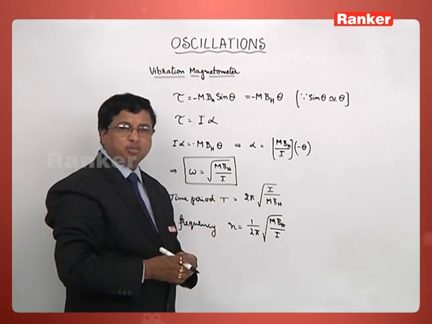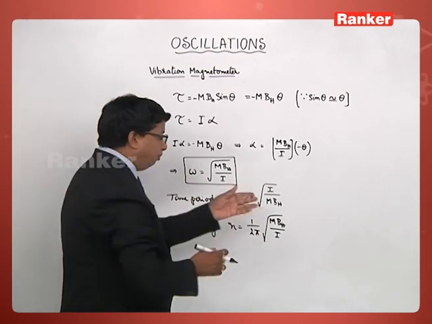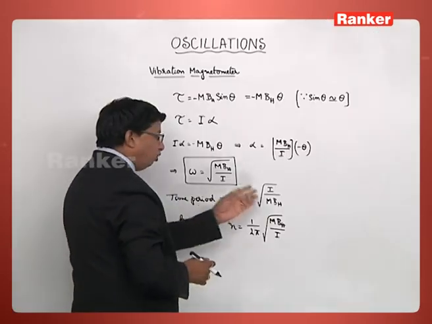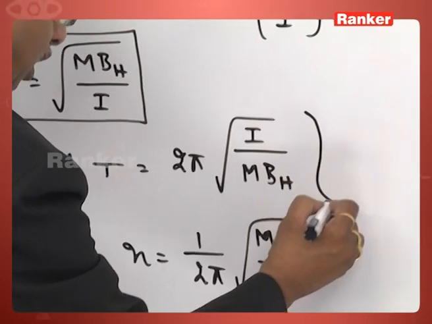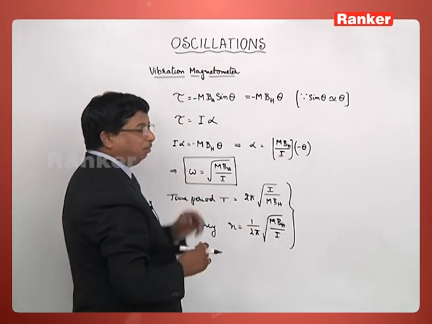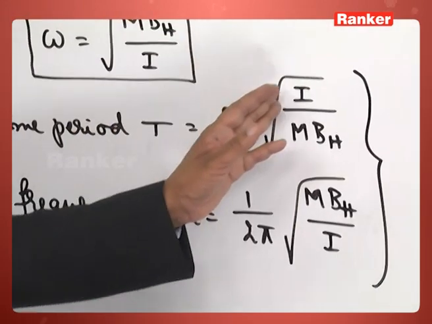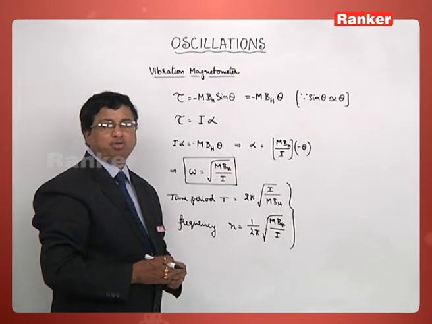Angular simple harmonic motion it is. Thereby, whenever we want to calculate the frequency, angular frequency and time period of the oscillating magnet in the case of a vibration magnetometer, these are the three different formulae one should remember.